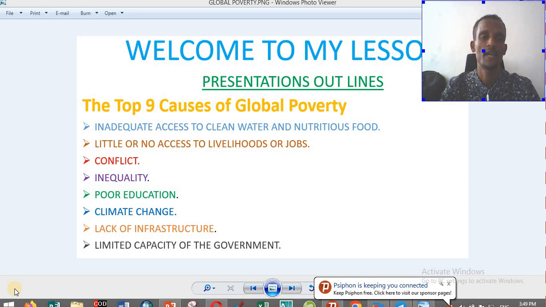The third, which is very well known all over the world, is conflict, war. The fourth, inequality, is also the fourth in rank on the top 9 of global poverty.